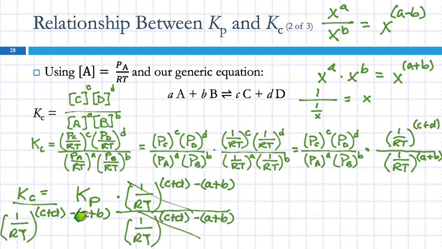So over here, then, if I want to bring this up and simplify it, 1 over RT is RT in the numerator, right? So I'm going to end up with KP is equal to KC times RT to the C plus D minus A plus B.